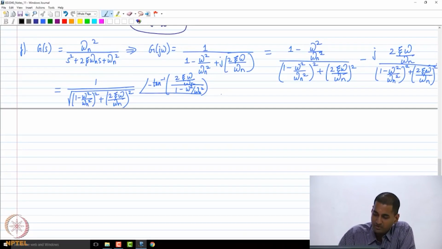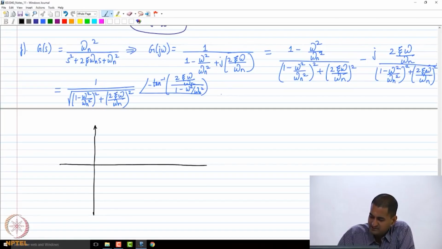I am just going to plot the Nyquist plot, and you just need to complete it based on what we have discussed till now. I just adopt a similar approach. Sorry, this is not the omega, this is the real part, this is the imaginary part, and this is the G(s) plane. This is the origin.